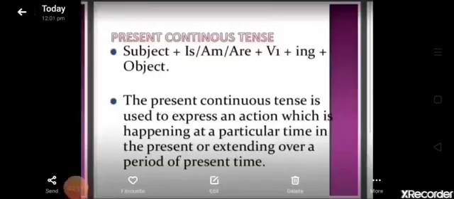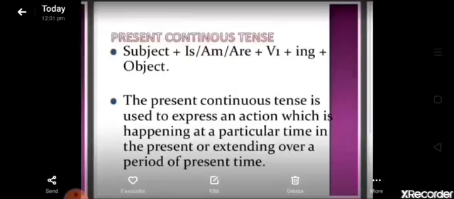Now, as we have an exercise in the grammar book on the use of is, am, are also, let's have a look at when and where we use is, am, are in present tense. In present continuous tense, we use is, am, are.